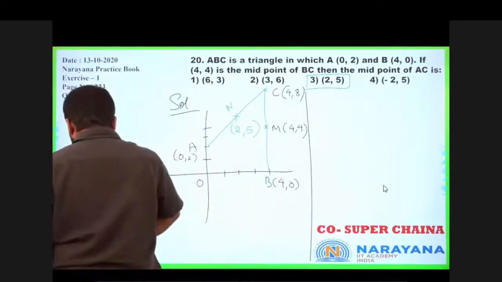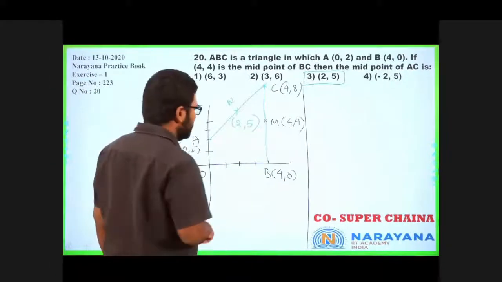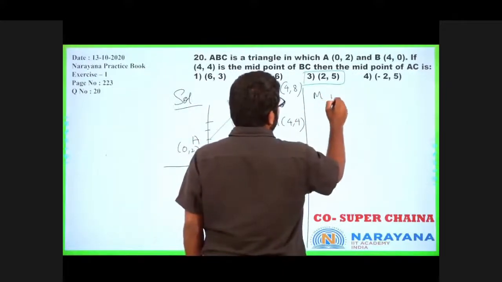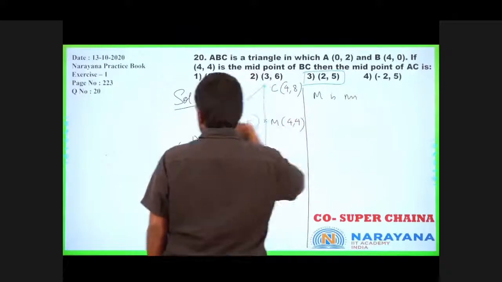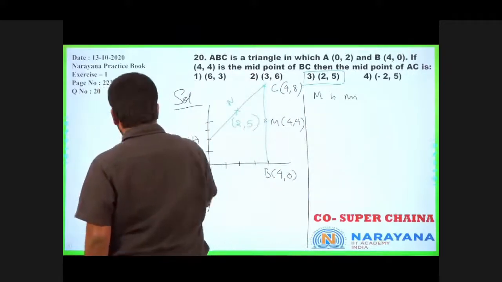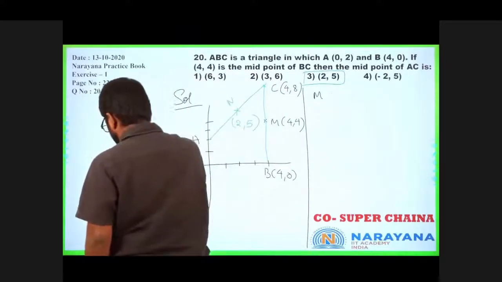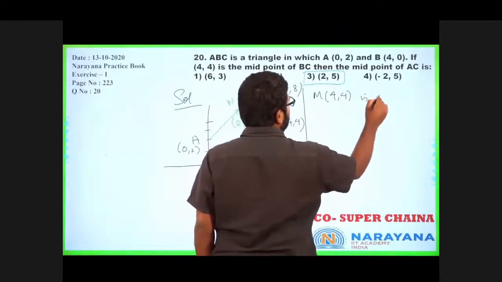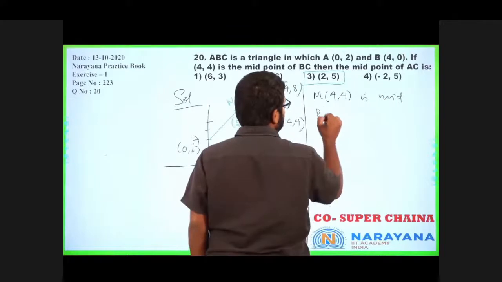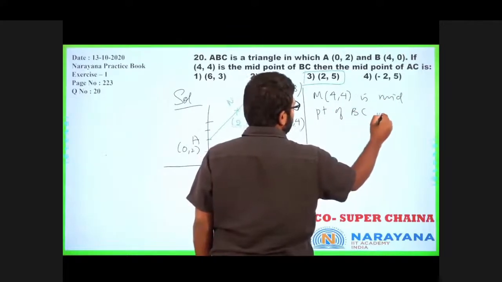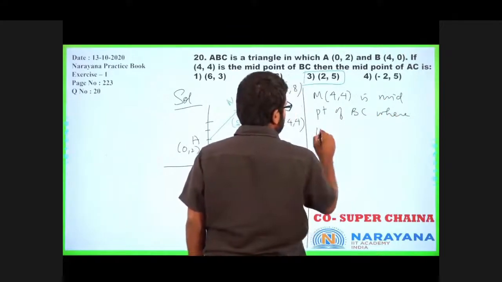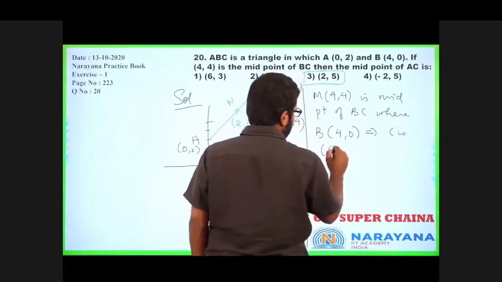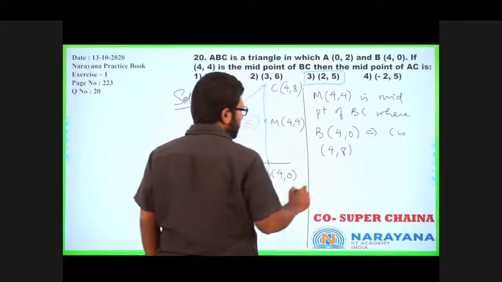But I will write down how we solved it so that you will understand it later when you read it. Okay, so M (4, 4) is the midpoint of BC, where B is (4, 0), which means C is (4, 8), right?